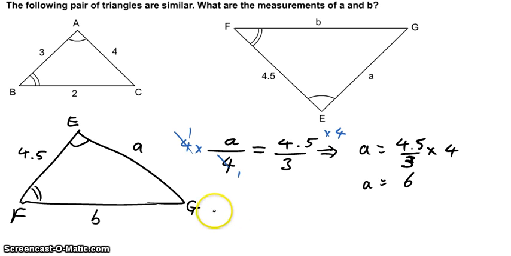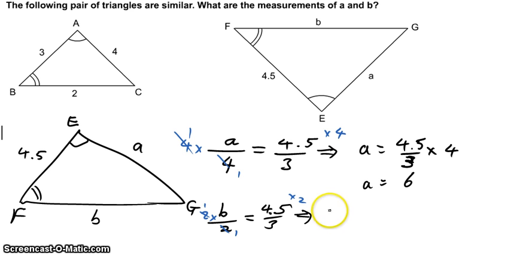Do the same for B. Write down, because B is the thing we're trying to find, B goes to 2, and that ratio is the same as 4.5 to 3. And again, what we can do this time is multiply both sides by 2. If we do 2 halves, they cancel out, so we have to do this side by 2 as well.